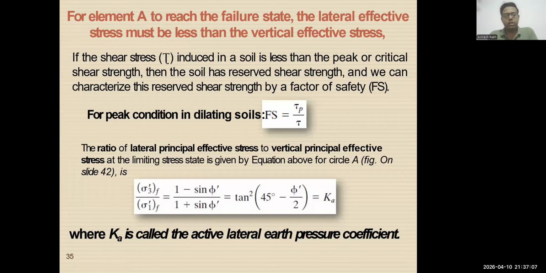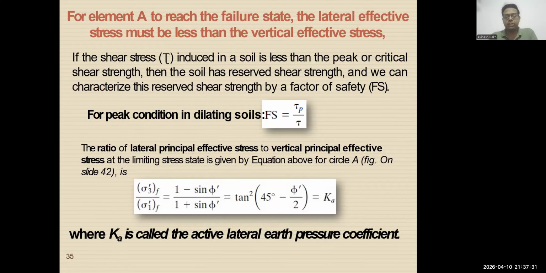Next, for element A to reach the failure state, the lateral effective stress must be less than the vertical effective stress. If the shear stress induced in a soil is less than the peak or critical shear strength, the soil has reserve shear strength, and we can characterize this reserve shear strength by a factor of safety.